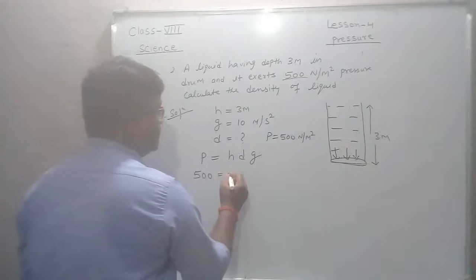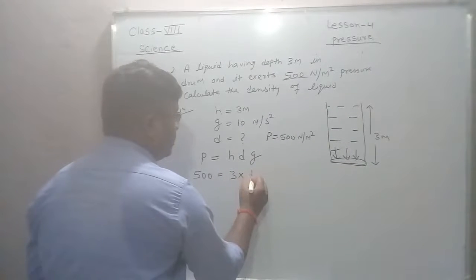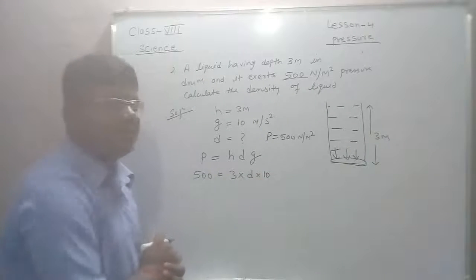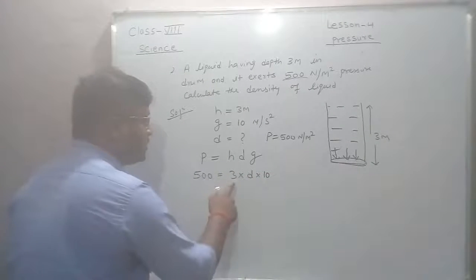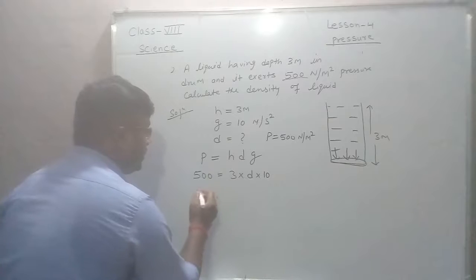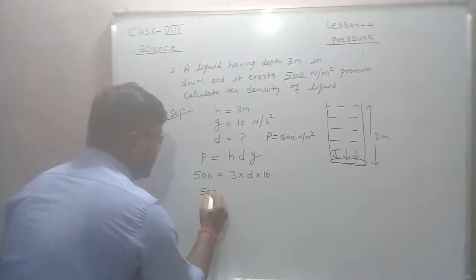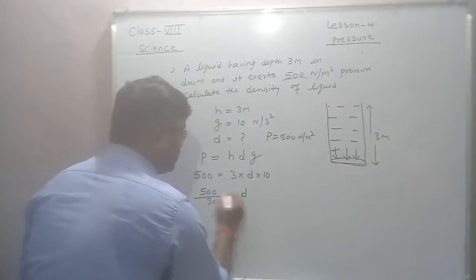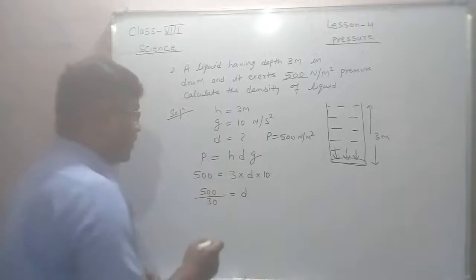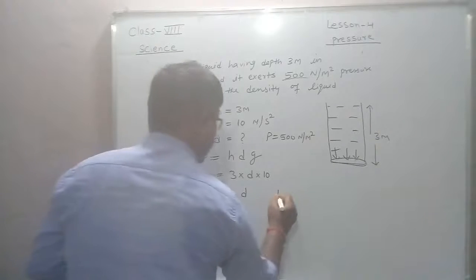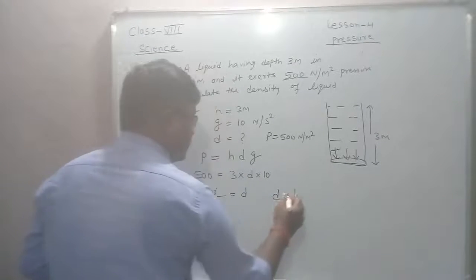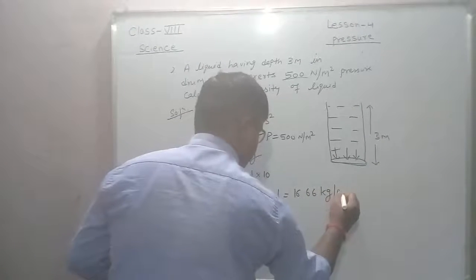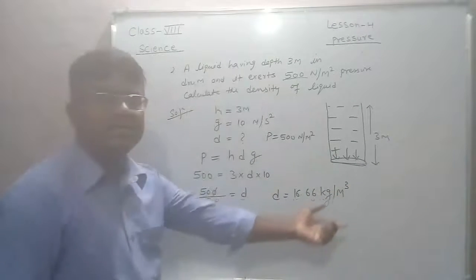Height is 3, density we don't know, acceleration due to gravity we have taken as 10. So 3 into 10 is 30. Multiply and transfer to the left hand side: 500 divided by 30, so this is the value of d. Zero and zero cancel, so d is equal to 16.666.